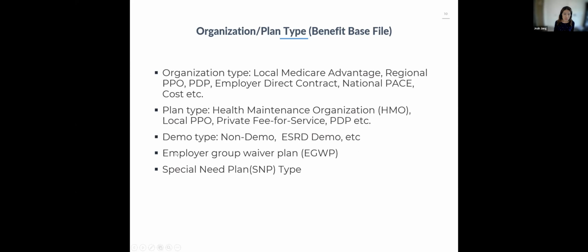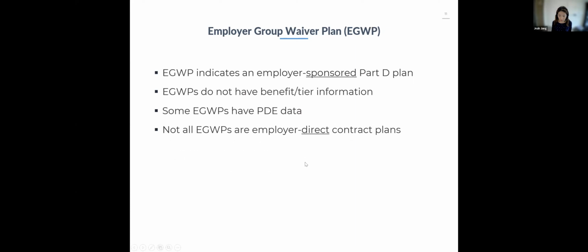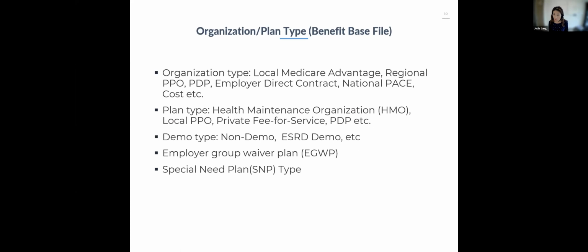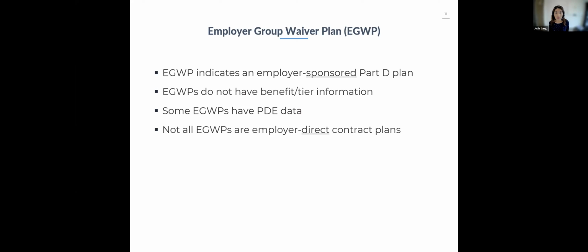Now there is one variable called EGWP, the Employer Group Waiver Plan. How is this different from employer direct plans? That's coming in the next slide. We also have a variable called the special needs plan SNP type, and I think Becky is going to cover that in the next section. So what is this EGWP, or employer group waiver plan?